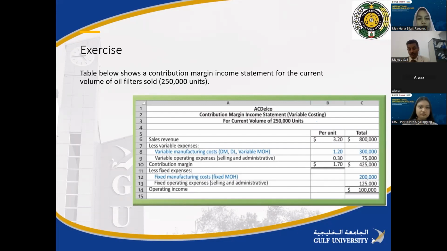So cost per unit will be less when we increase our production.